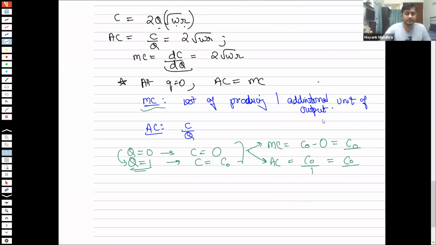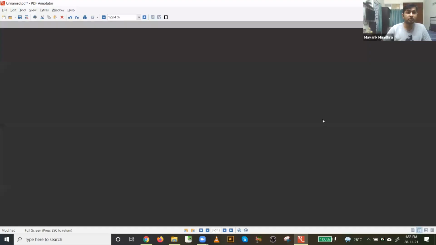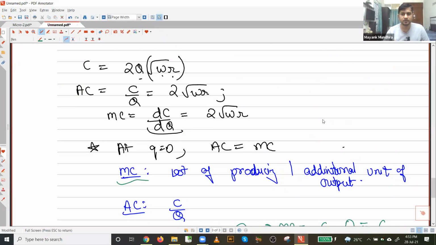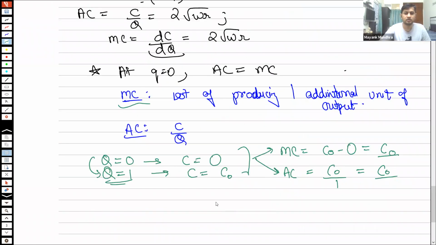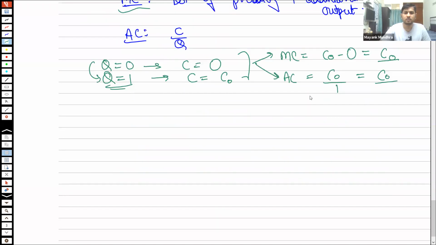So the idea is that if marginal cost is below the average cost, if marginal cost is less than average cost, then average cost keeps falling.